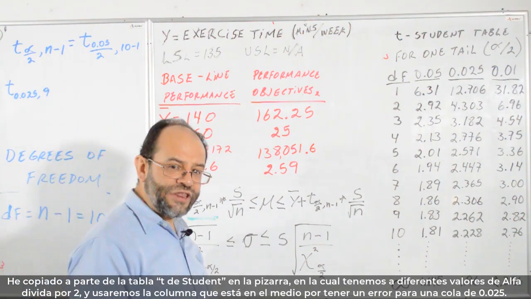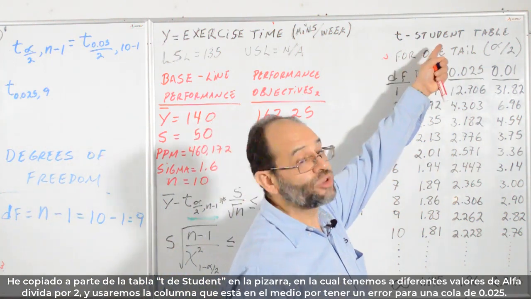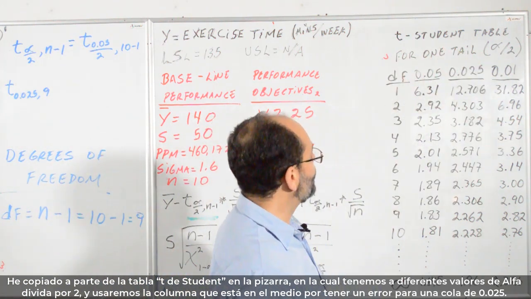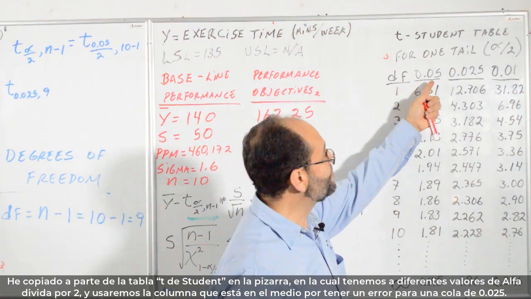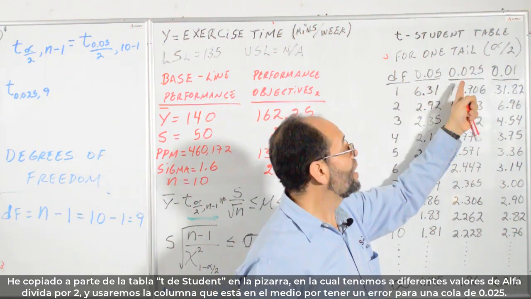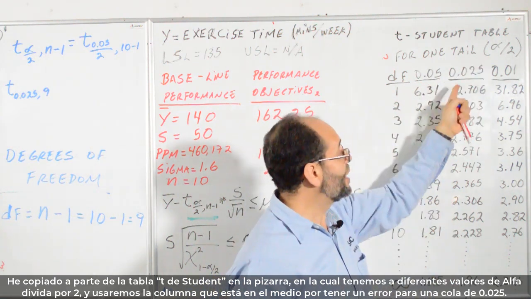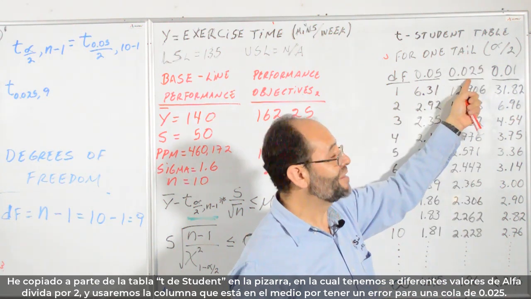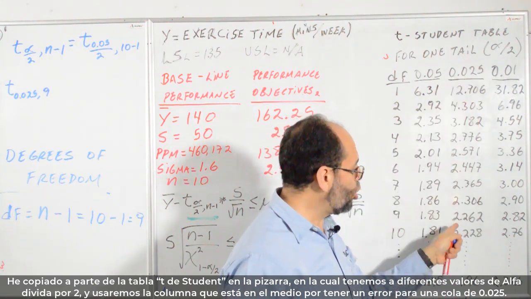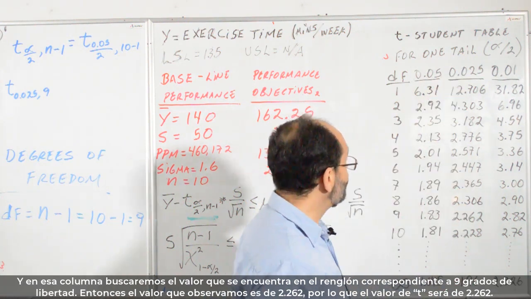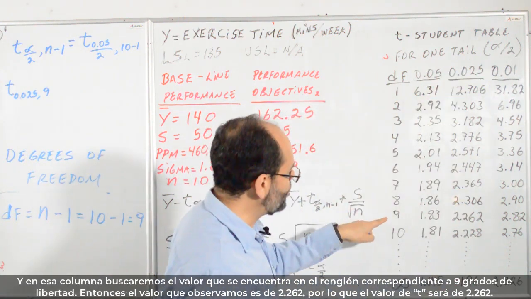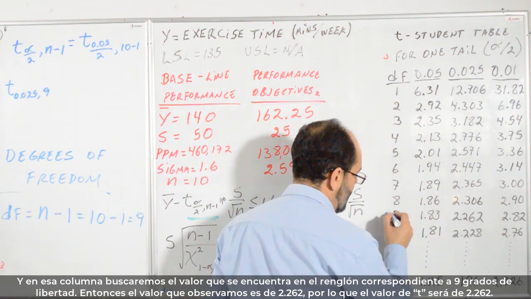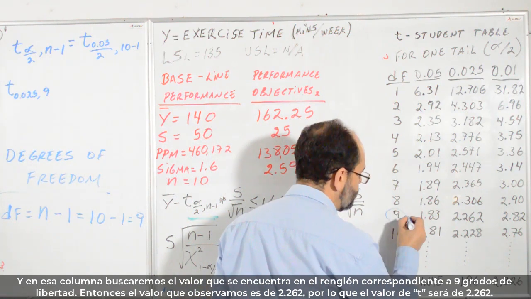I have written part of the T-student table here. And for this T, you can have different alpha divided by 2. We are going to use the column that is in the middle, which is 0.025, that's alpha divided by 2. So this is the column that I will be using. And for that column, the degrees of freedom is 9. Then these are the degrees of freedom to use.